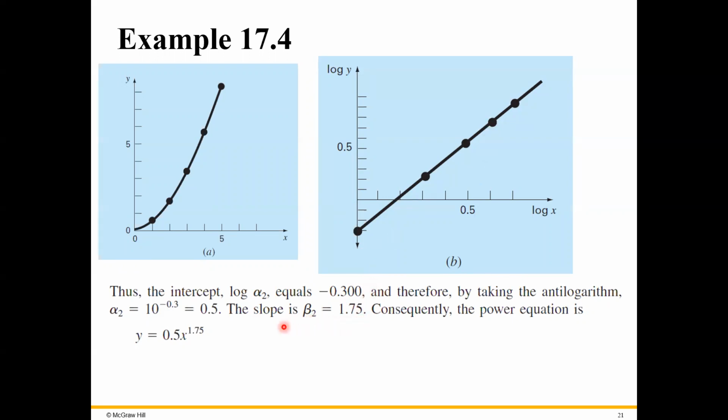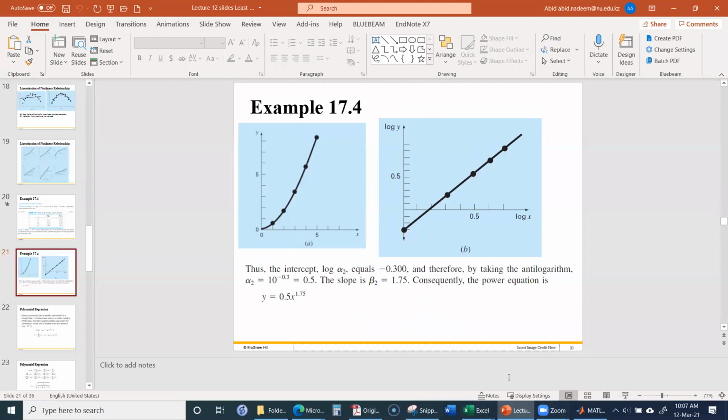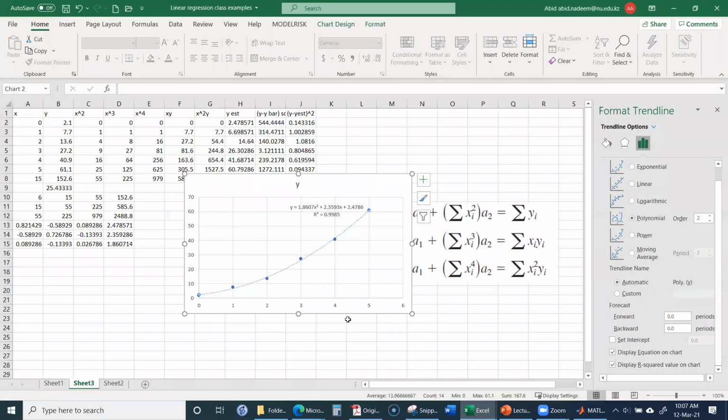Since alpha and beta represent the intercept and the slope, in the power form, this expression will be y is equal to 0.5 x to the power 1.75. So this data will represent this power series. Let's see whether we get the same results in our Excel.